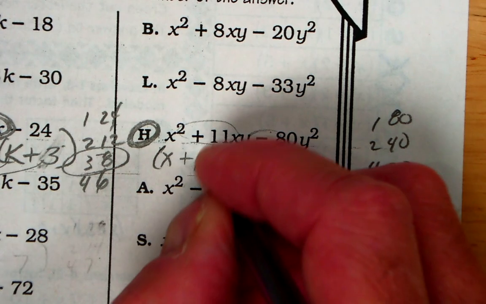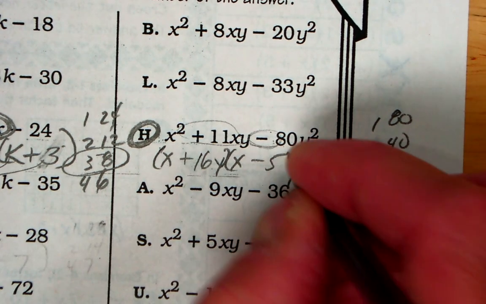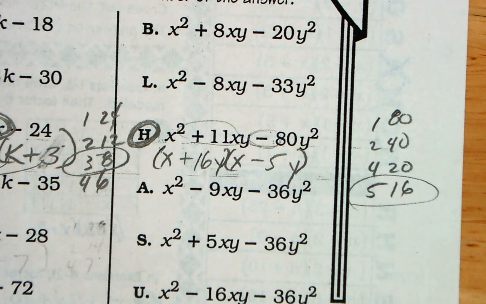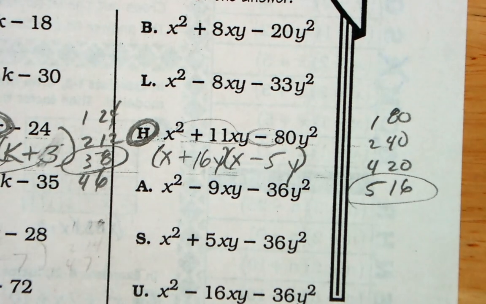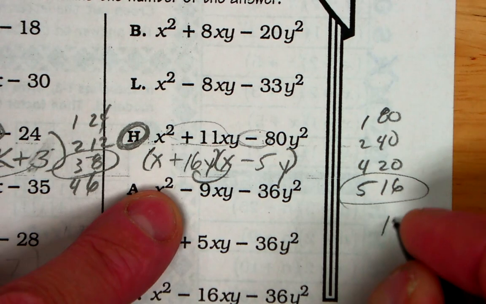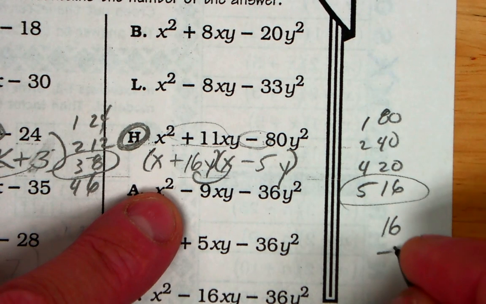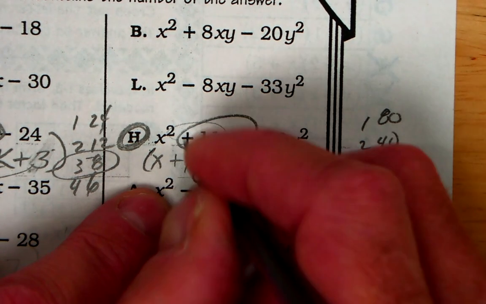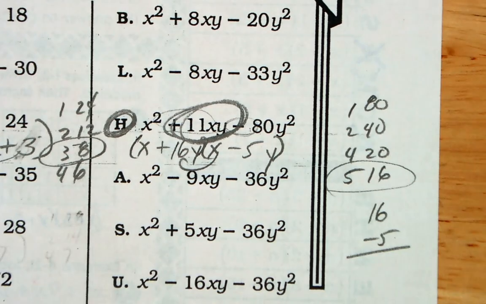So I'm going to go 16 in the positive spot, 5 in the negative spot, and let's double check it. So answer your question, Holly. This is the critical part. 16, negative 5 gives me 11. You've got to be able to multiply them. Have to be able to multiply them.